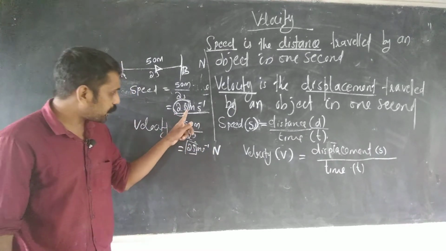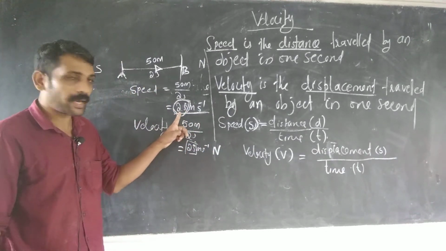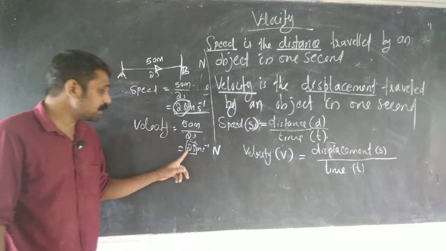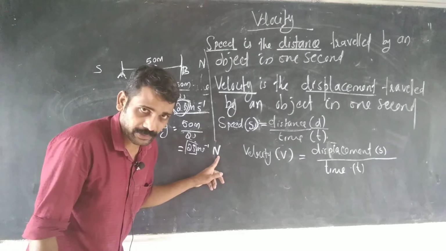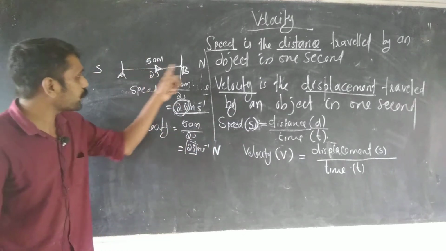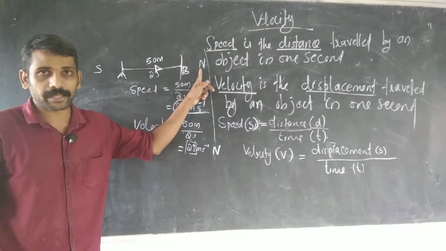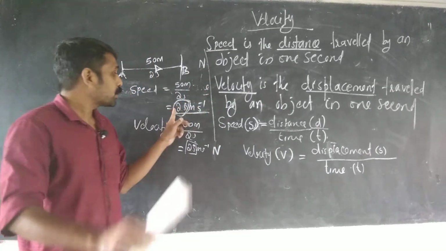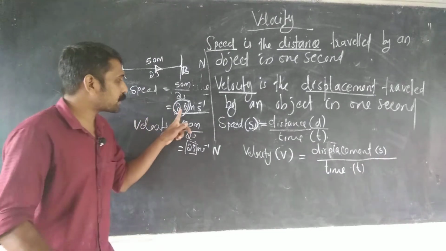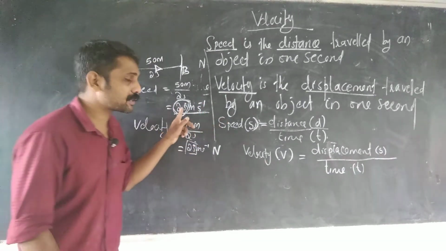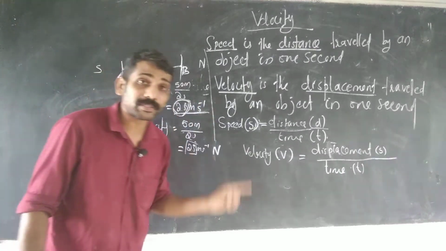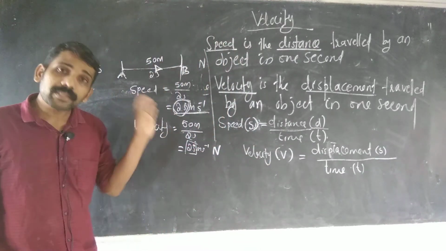So in the case of speed, we have to only represent magnitude. But in the case of velocity, we have to represent both magnitude and direction. In which direction is the object moving? The object is moving in the north direction. In the case of speed, we do not represent direction, only magnitude. But in the case of velocity, we represent both.